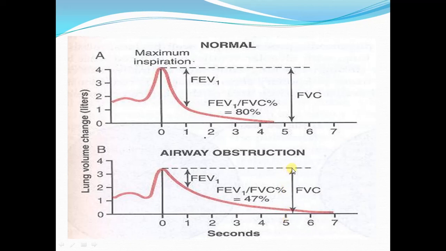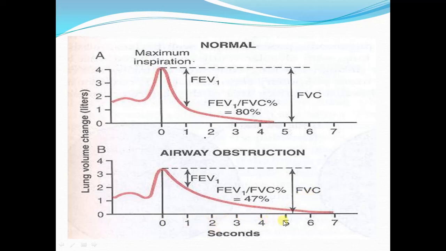It is slightly decreased as compared to a normal person. The change that has occurred is that it takes more time to exhale out the forced vital capacity as compared to a normal person.